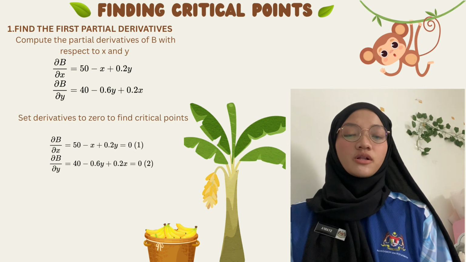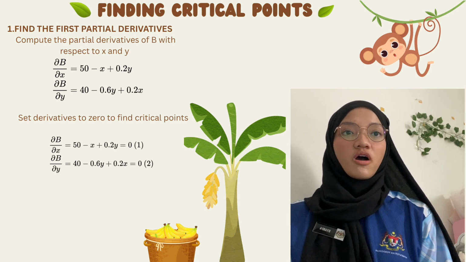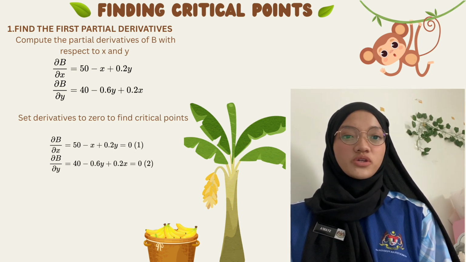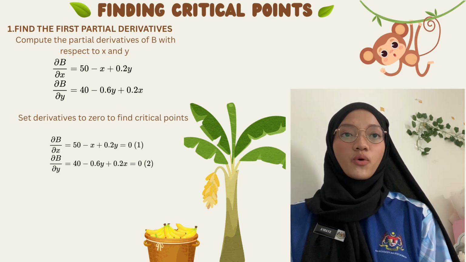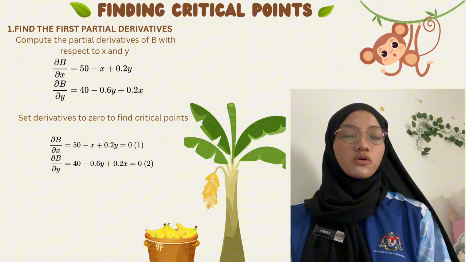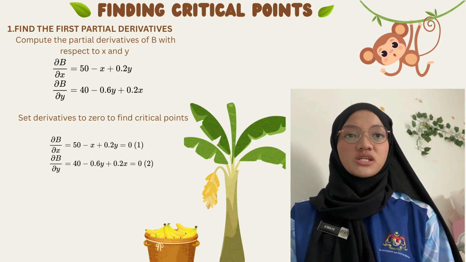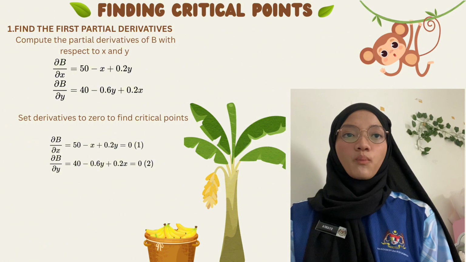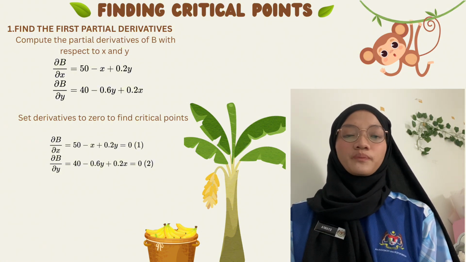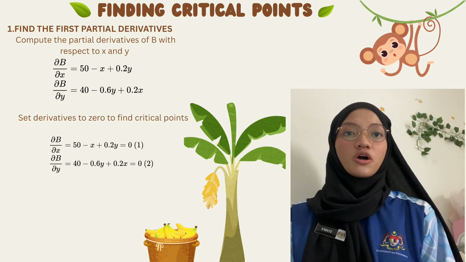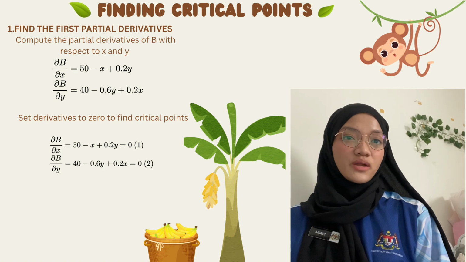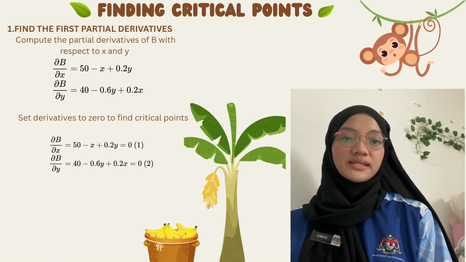To find the critical points, we set both of these derivatives to 0, which gives equation 1, 50 minus x plus 0.2y equals 0, and equation 2, 40 minus 0.6y plus 0.2x equals 0. We now have a system of equations that we can solve to find the optimal values of nitrogen and water that maximize the banana yield.